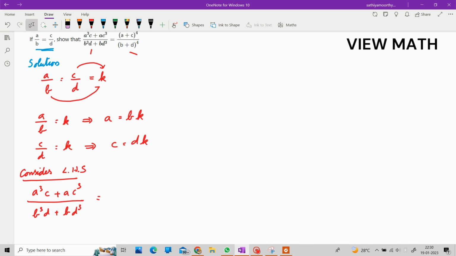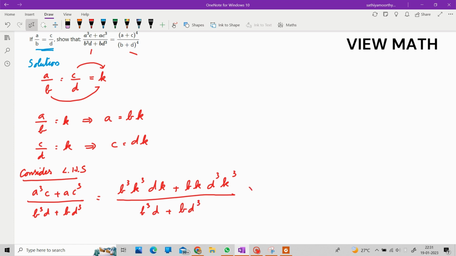So A cube, A is BK, so B cube K cube. C is DK, so DK plus A is BK. Again C is DK, so C cube becomes D cube K cube. The denominator as it is: B cube D plus BD cube.